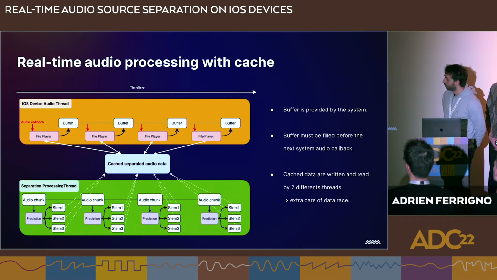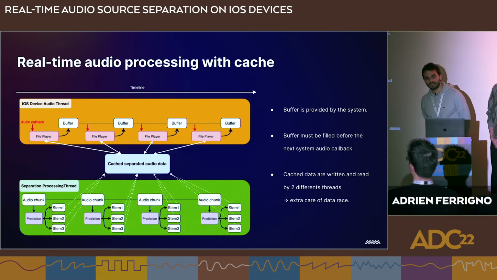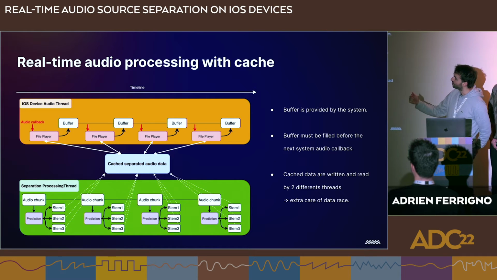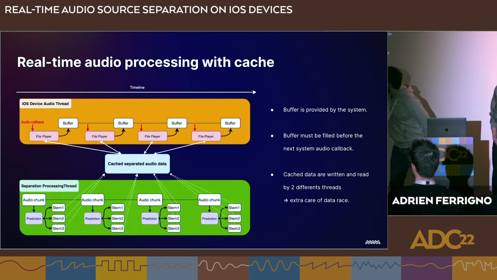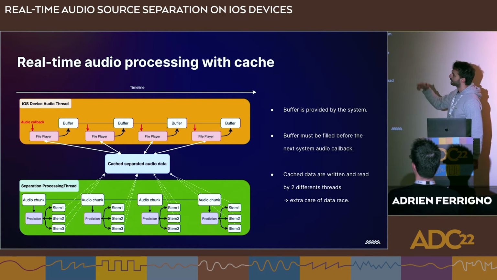So we need to run another thread, the separation thread. It's the green one, on which the separation will be processed. Separated data are given to a thread-shared object in the middle, the cached separated audio data, providing the audio loop when necessary.